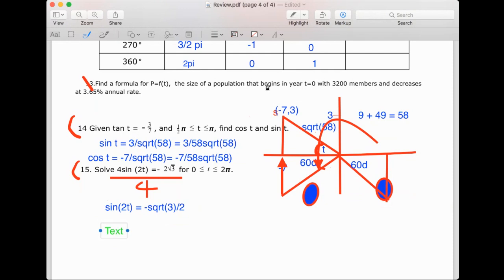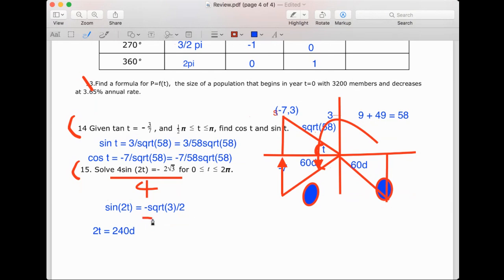Do you see this is 180 plus 60, which is 240? So 2t equals 240 degrees. Do I make sense here? I guess.